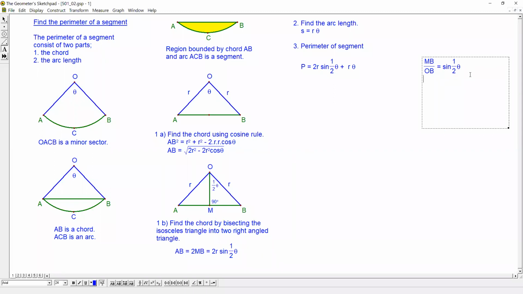So what you get? MB equals OB sine half theta.